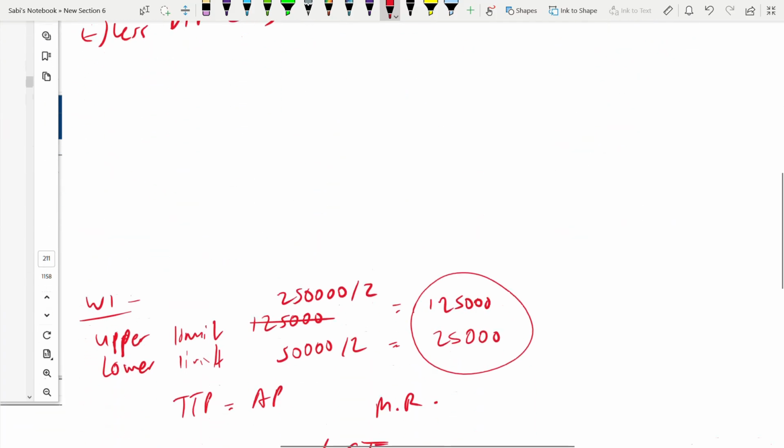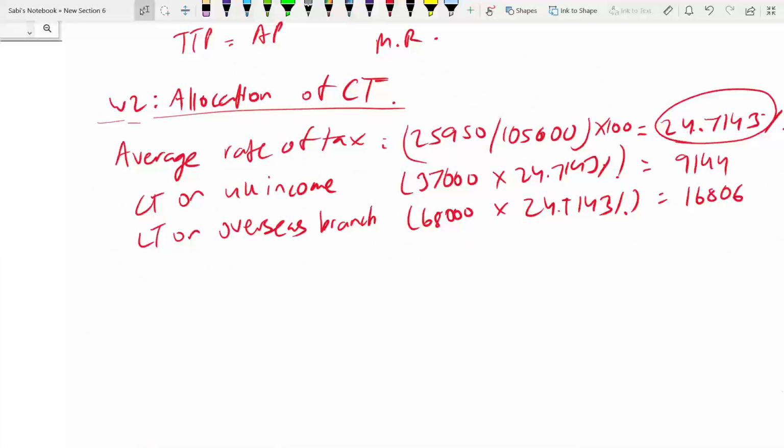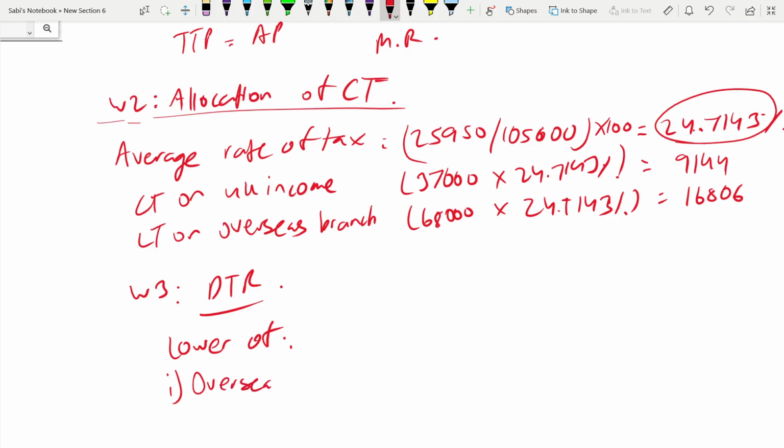Now DTR, this is separate working 3 for DTR. DTR, it is the lower of overseas tax and UK corporation tax. Already working 2 has been done. This is 16806.